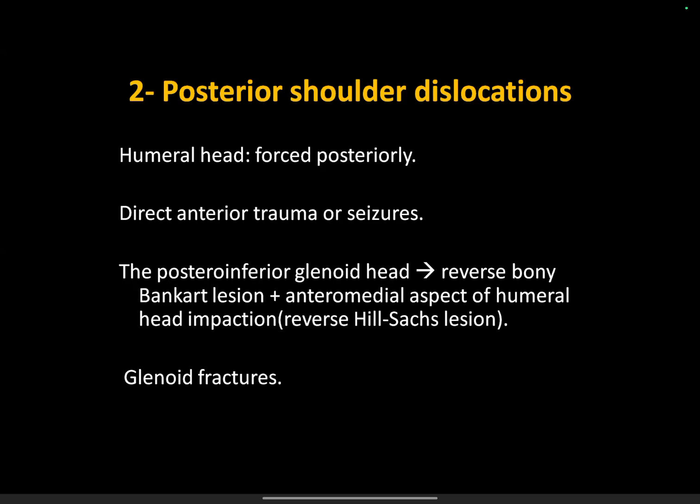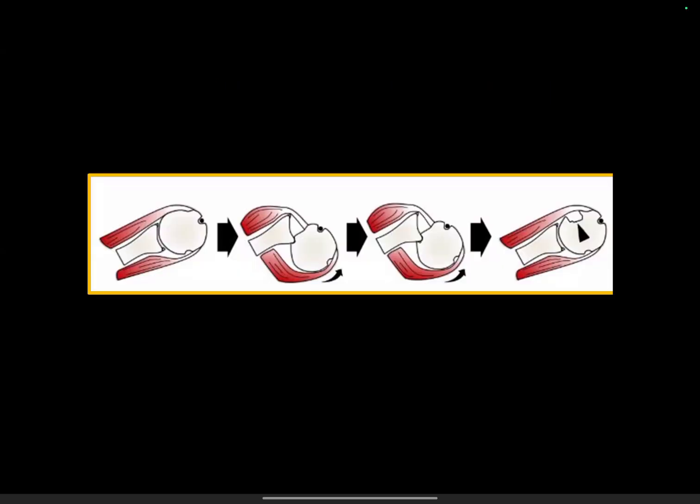Last but not least, we have posterior shoulder dislocation. These make up around 5 to 10% of shoulder dislocations. The humeral head will dislocate posteriorly, usually in the setting of high-energy trauma, seizure, or electroconvulsive treatment, and we would have a reverse bony Bankart and an anteromedial impaction fracture of the proximal humeral head, which we call a reverse Hill-Sachs.